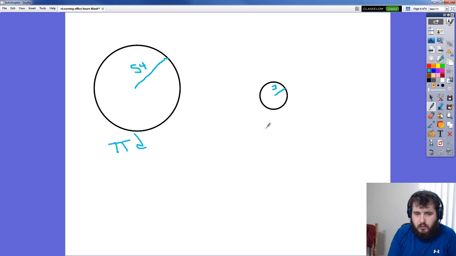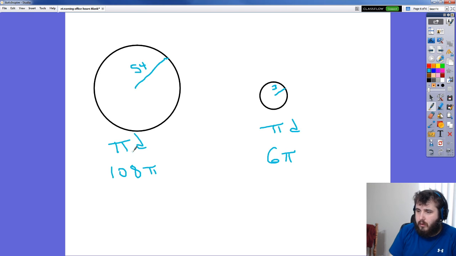Pi d. 54 is the radius, so the diameter is 108. Three is the radius, so the diameter is 6. So you know how to find the circumference here, right? And you know how to find the circumference here.